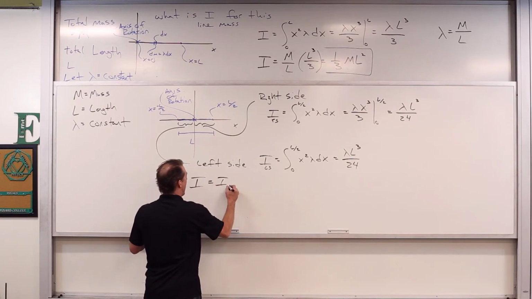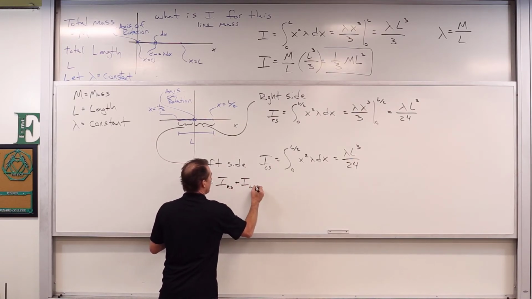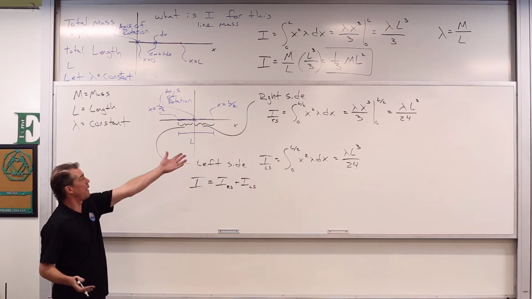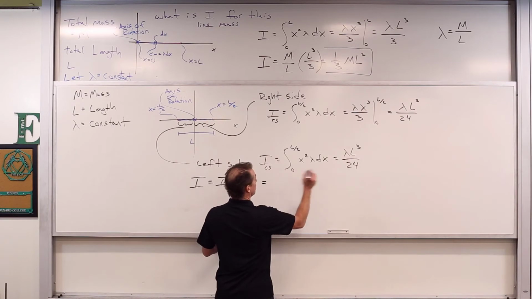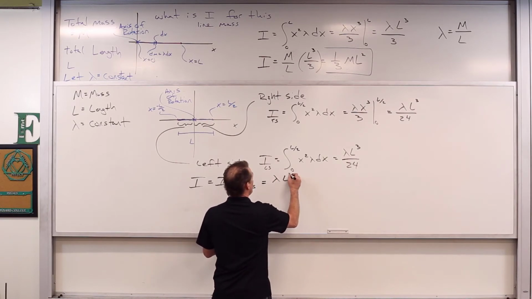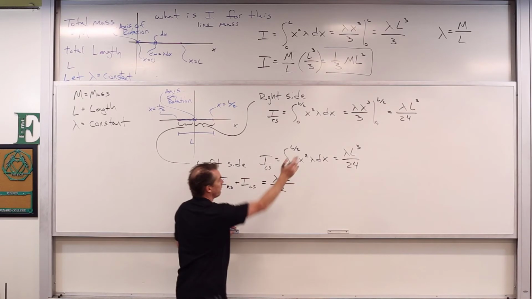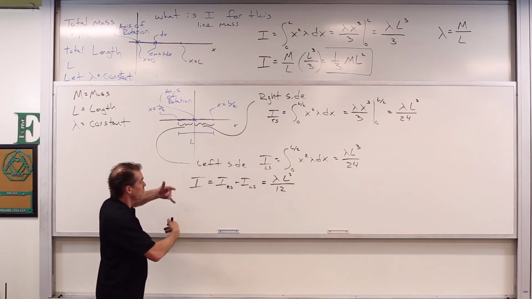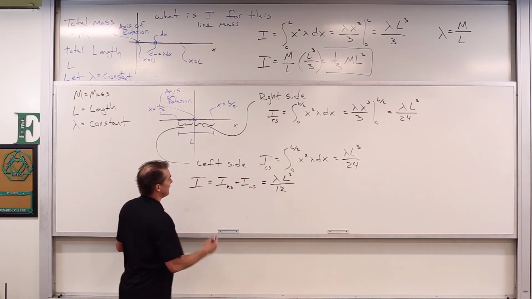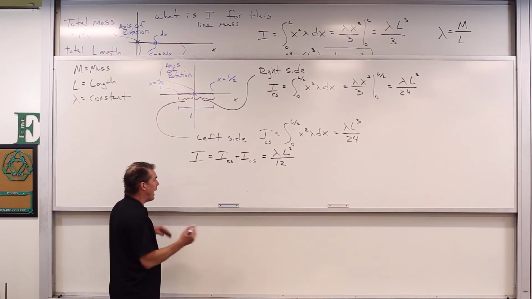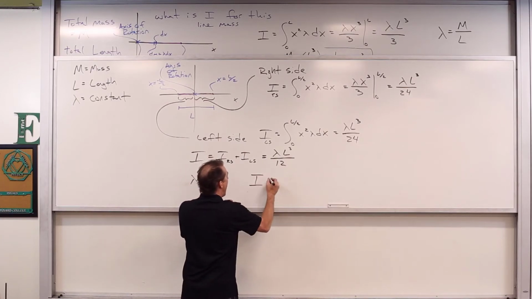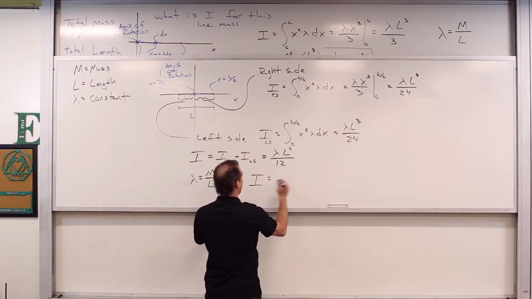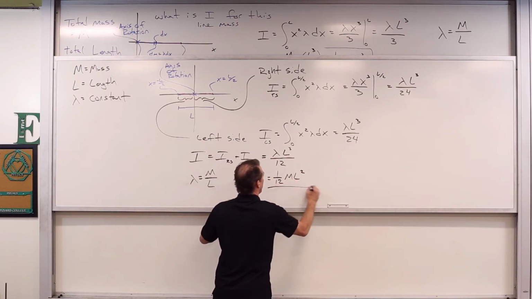I is I right side plus I left side, which is equivalent to 2 times I of the right side or 2 times I of the left side, but ultimately that becomes equal to lambda L cubed over 12. 1/24 plus 1/24, 2/24, is 1/12. Then we can go ahead and evaluate what lambda is. Again, lambda is m over L. So we've got that I, the moment of inertia relative to the center of this, is going to be equal to 1/12 m L squared.